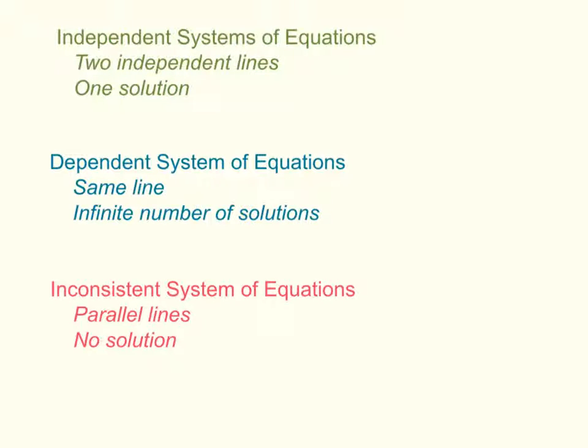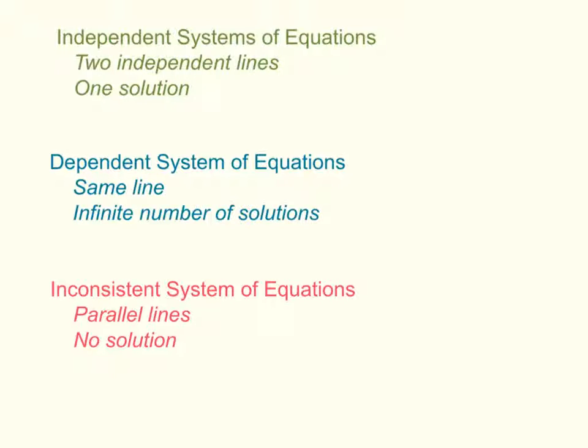Alright, there's actually 3 types of systems of equations. We've already been discussing independent systems, and those are 2 independent lines that intersect at one point. You get one solution, everything works out nicely. The dependent system of equations are actually the same line. It may not look like it initially, but they are.